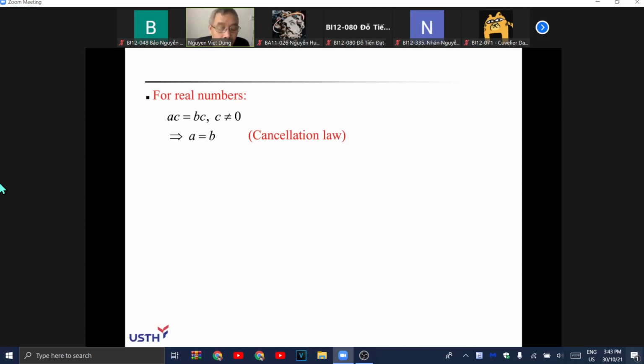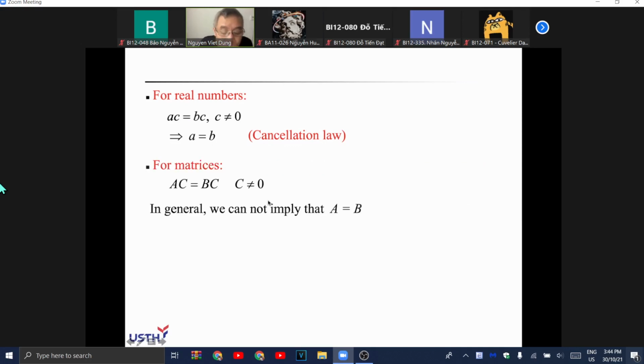In dealing with numbers, whenever you have the product of two numbers, AC equals BC, if C is non-zero, then you can divide both sides by C, and you get A equals B. That is what we call the cancellation law.